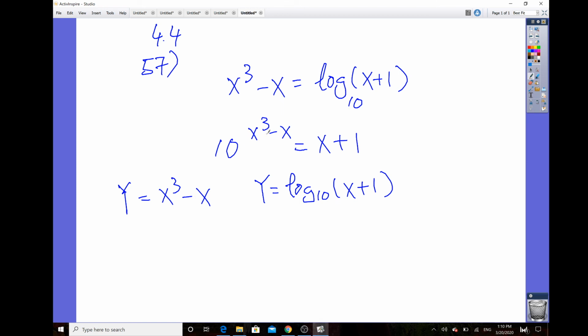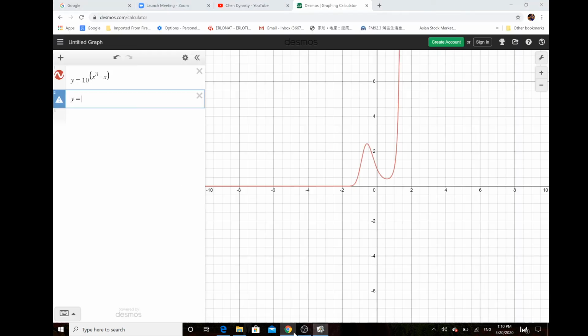Or you can type in 10 to the power of x to the power of 3 minus x, and then for y2 put in x plus 1. That's linear. Let's find the points where they intersect. It looks like we have the y-intercept here and also the other point. So we have x equals 0 and x equals 1.136.